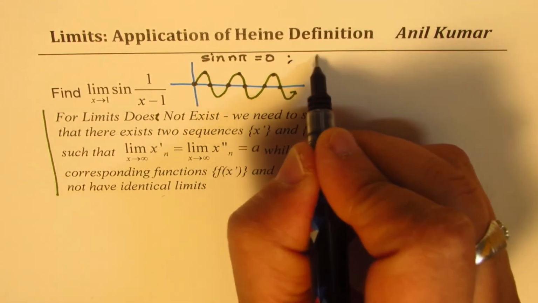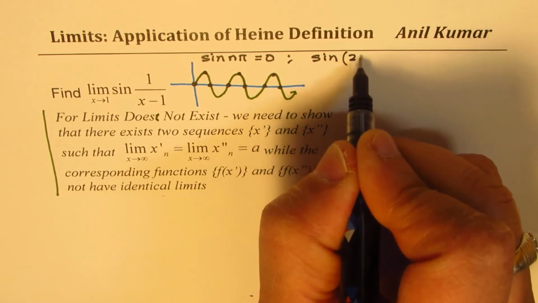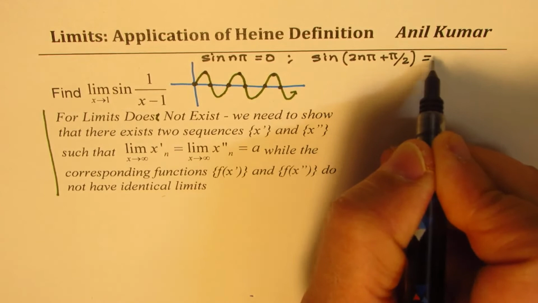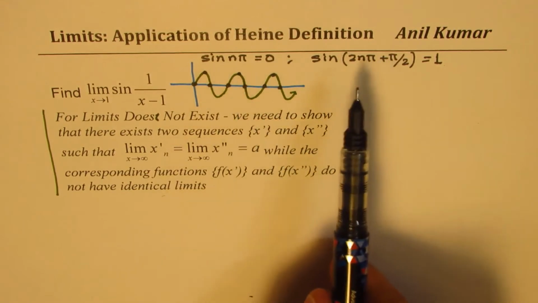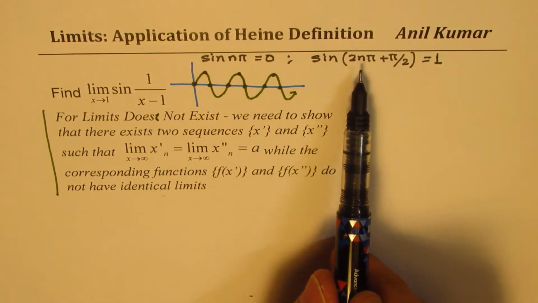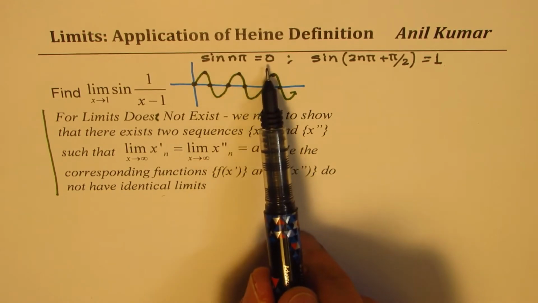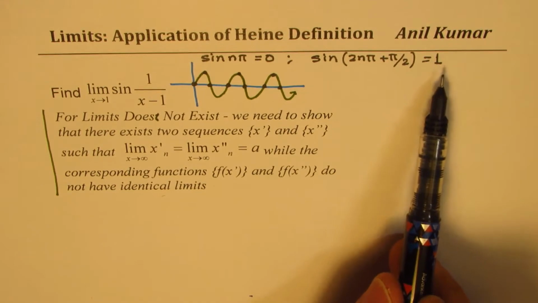So we also know that sine of 2n pi plus pi by 2 is equal to 1, clearly. That is known to us, right? So that means we know if n approaches infinity for these two functions, the value of sine n pi will be 0 and sine of 2n pi plus pi by 2 is 1, right?